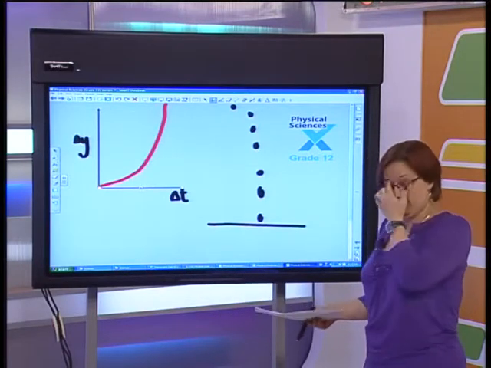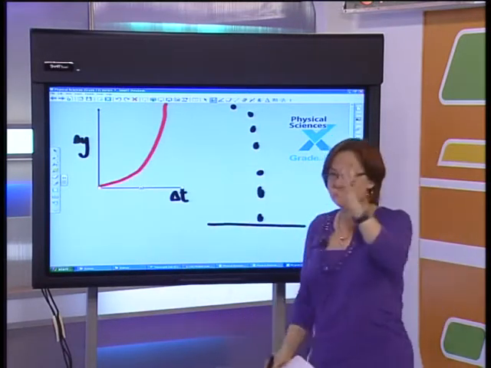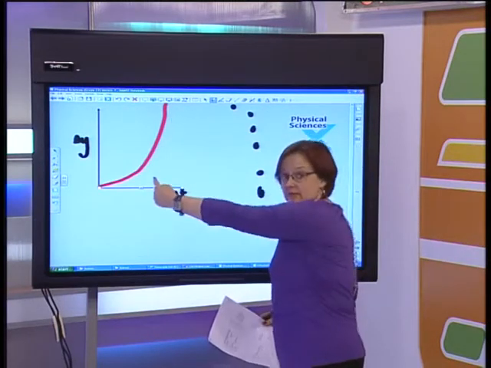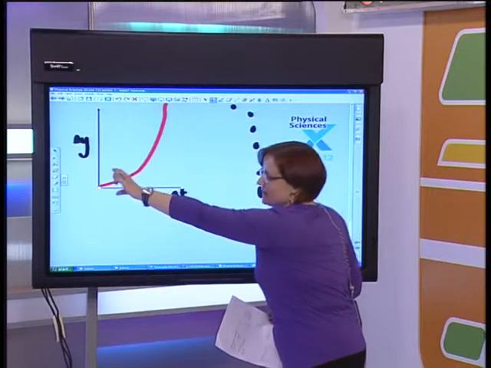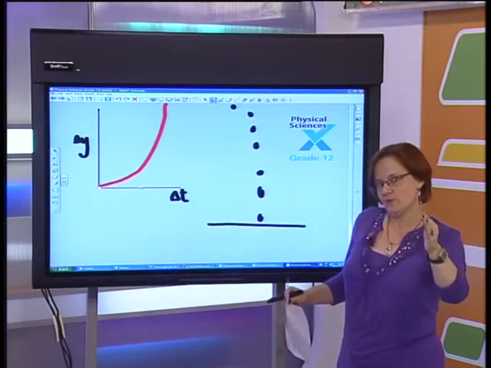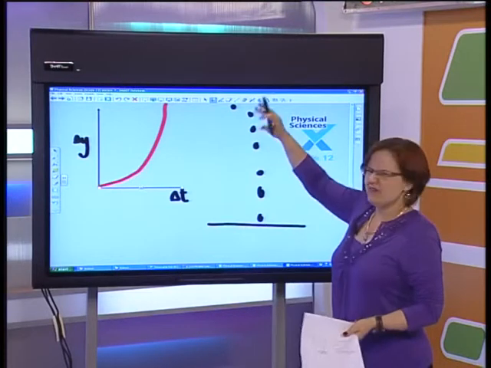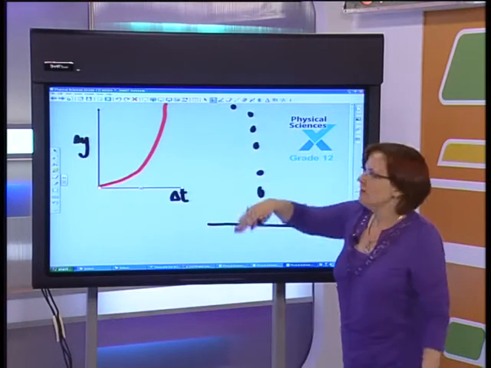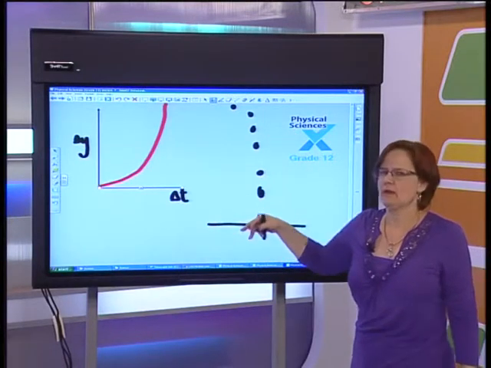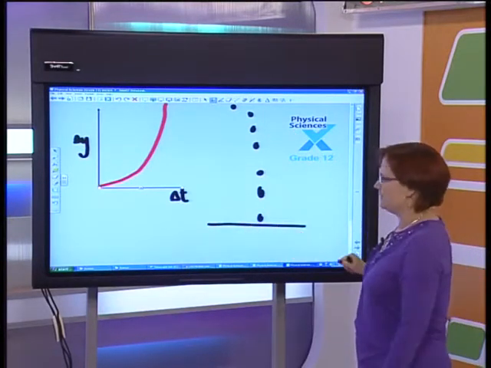When it's accelerating, getting faster, your graph gets steeper, and when it's slowing down, the gradient gets less and less. It's difficult when you just have to talk about it. Often if we have values, it makes it a bit easier. I'm hoping that cleared it up a little bit for them.